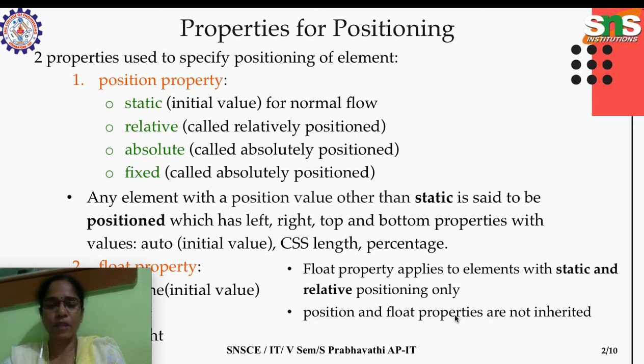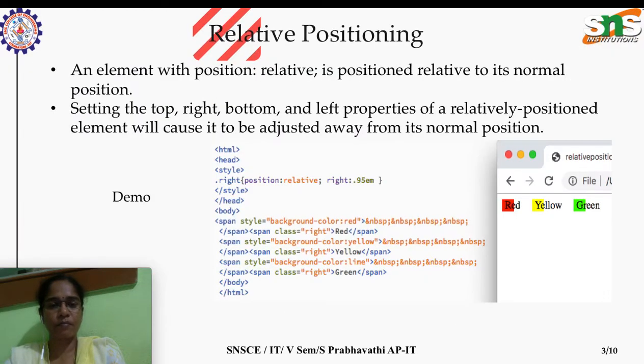By default, HTML properties are inherited, but some properties, like height which we saw in the previous class, and now the position property and float property, could not be inherited by the child element. Coming straight to relative positioning: if we mention the position property value as relative, its position is relative to its normal position.